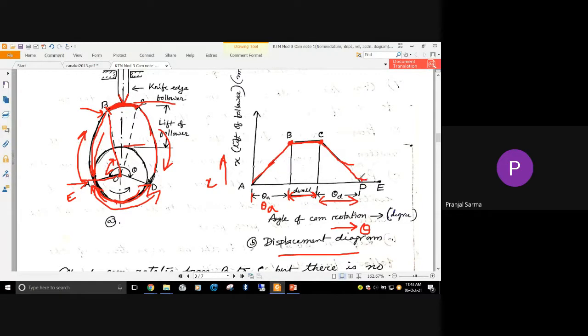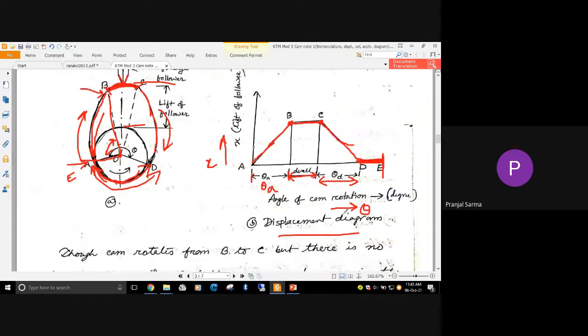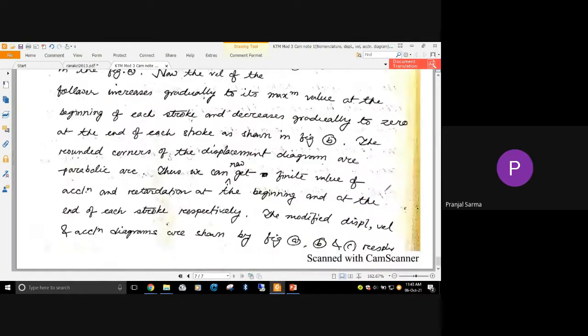So you can draw it, now the position is here. The follower has already gone down, so you have to darken it here, and that means there is no motion. Now this completes one complete revolution. Understood?